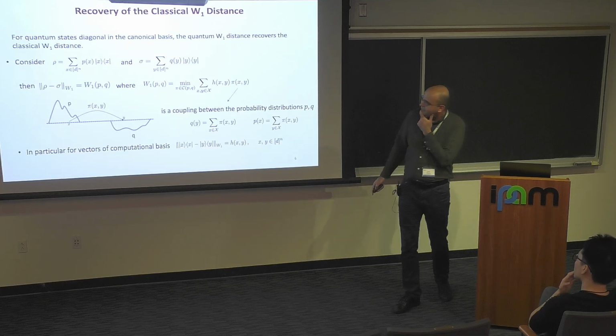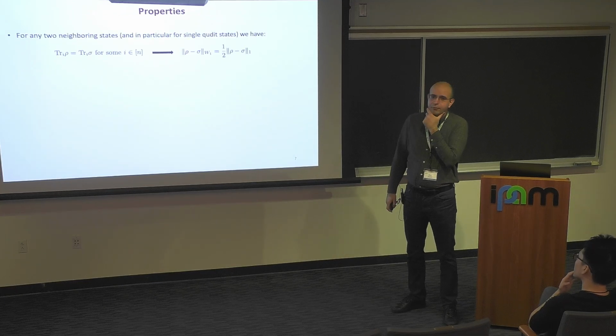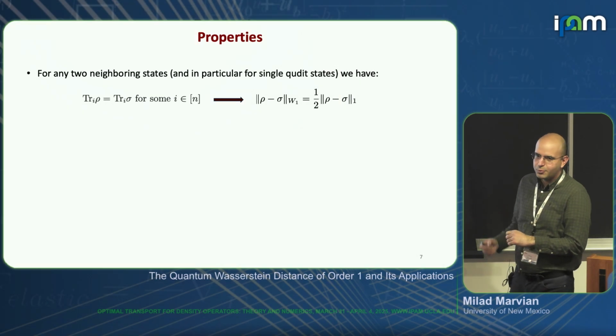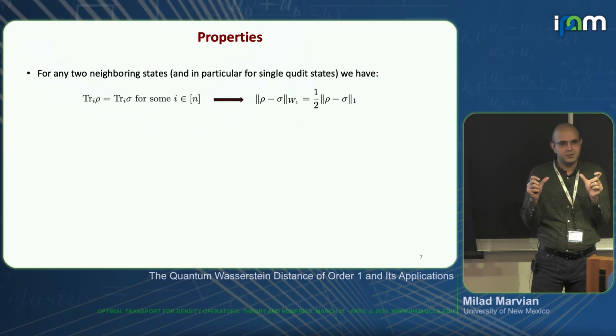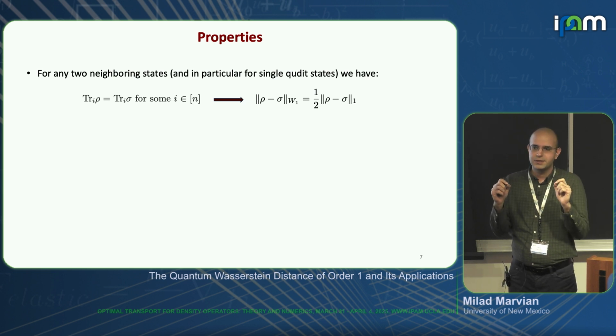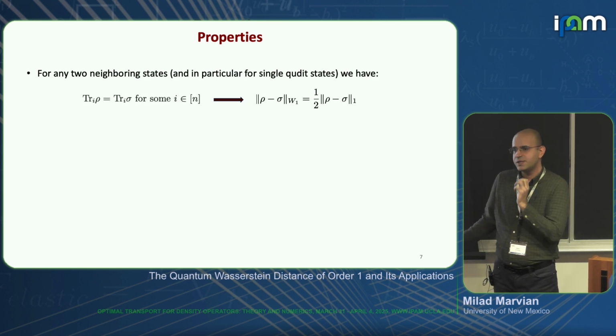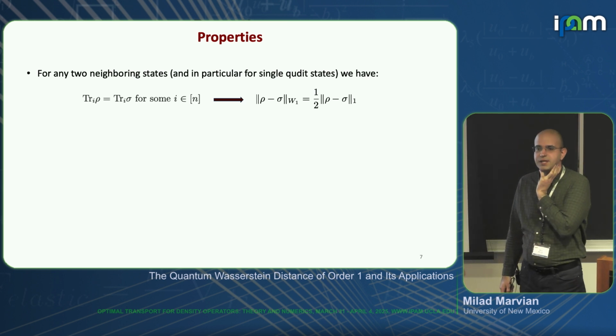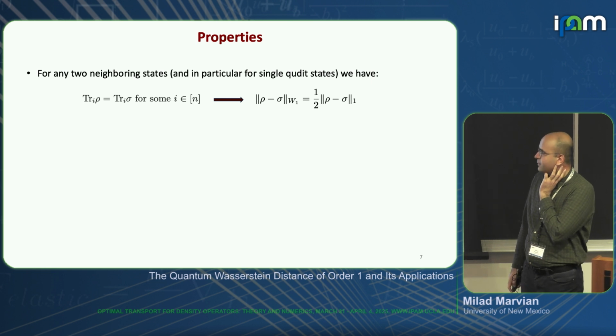Okay. And let me very, very briefly list some properties that might be useful in some application you have. If you have two neighboring states, one more time, this means that I have two quantum states, I trace out one of the qubits, and they become the same. The Wasserstein distance between those would be just the trace distance of those quantum states.